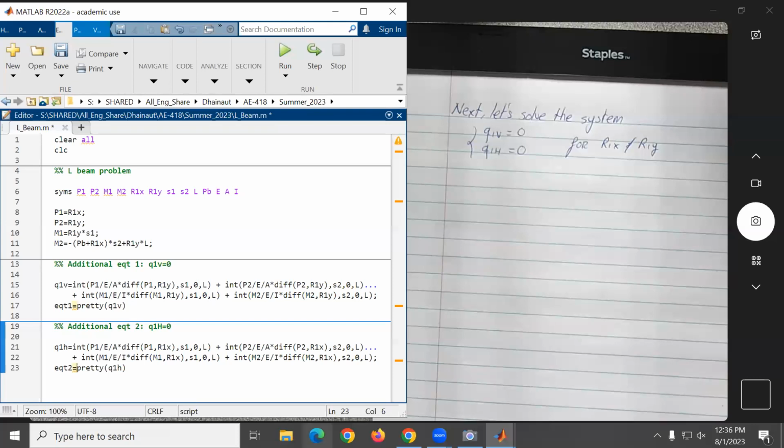And here I'm going to need again a little bit of your help. So let's say here solve Q1 vertical equal to 0 and Q1 horizontal equal to 0 for R1X and R1Y.